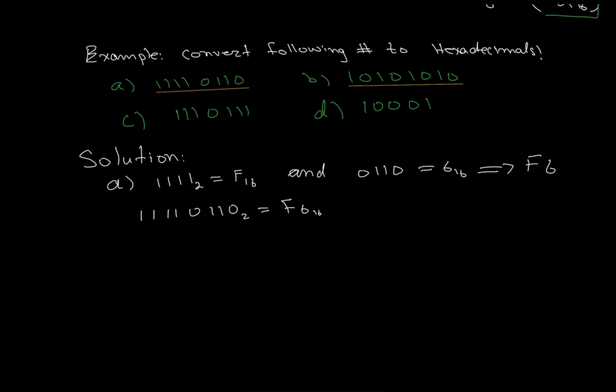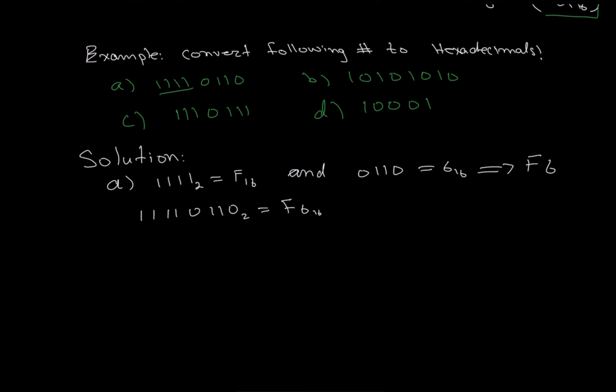Okay, it says convert the following numbers to hexadecimal. So we have 1, 2, 3, 4 examples here. I think I already did A here. What I did for this part, I had to find what that is representing in the table.